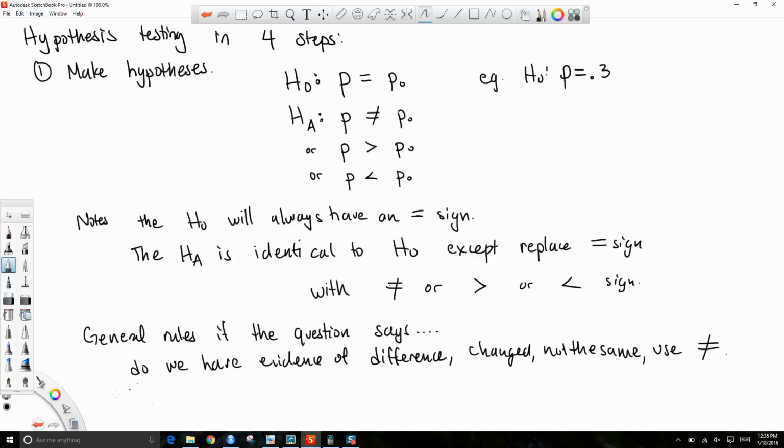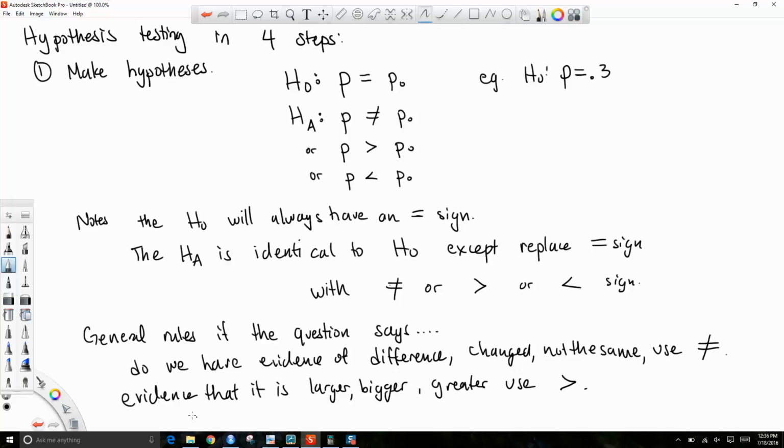If it asks evidence that, you know, it is larger, bigger, greater, use the greater than sign, okay?